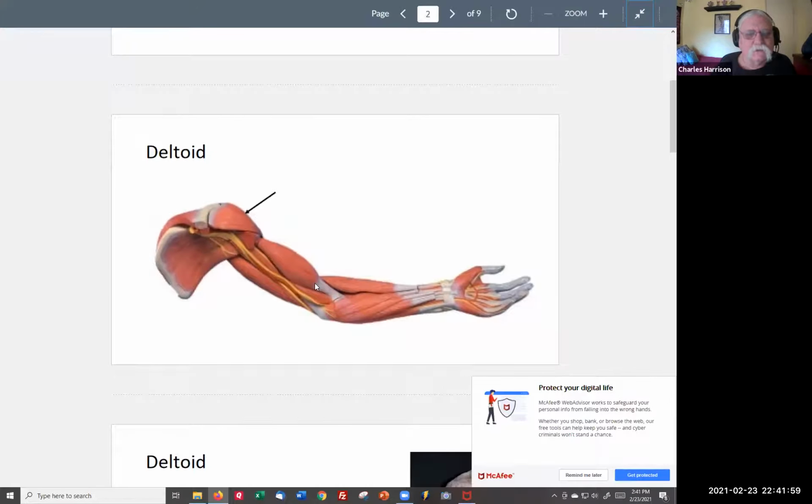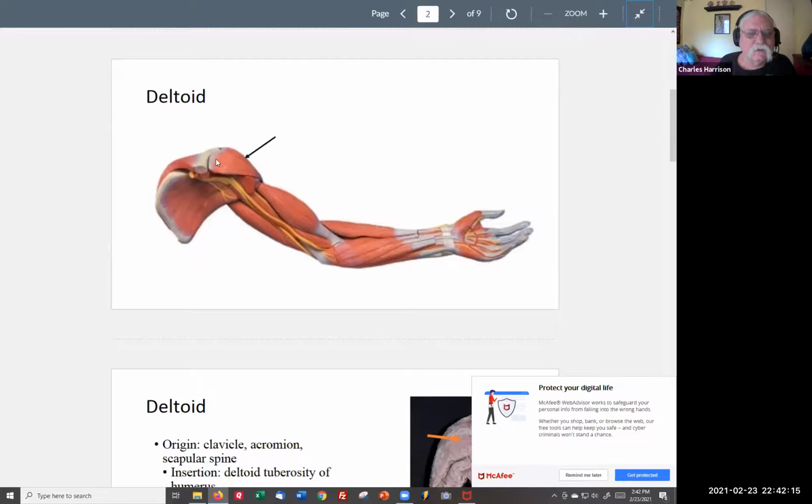Okay, the deltoid really doesn't give anybody any trouble. Anytime you get a shot in the arm, that's where you get it. The deltoid muscle is actually divided into three parts.